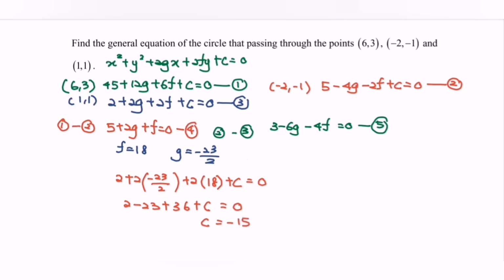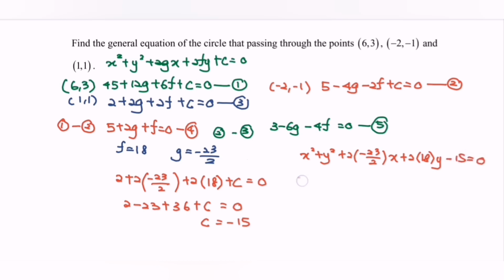So finally, we can substitute the values f, g and c into the general equation of the circle. So x squared plus y squared, where we have plus 2g, g will be negative 23 over 2, x plus 2 multiplied with the 18, y plus c, where we have negative 15 equals to 0.